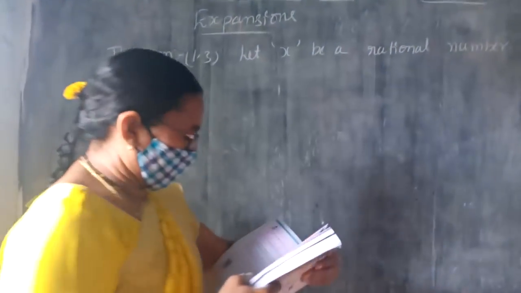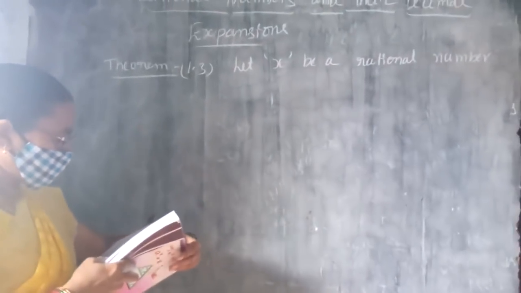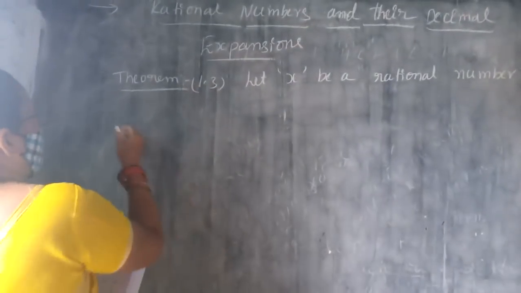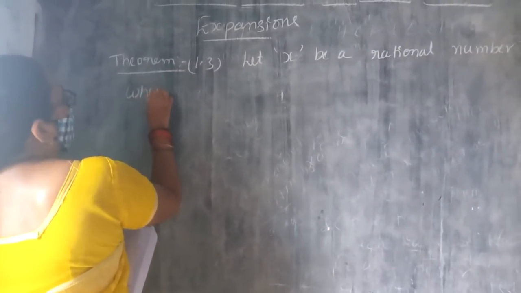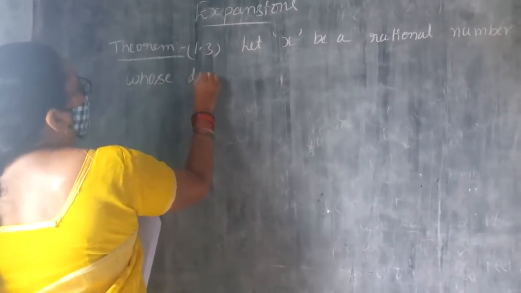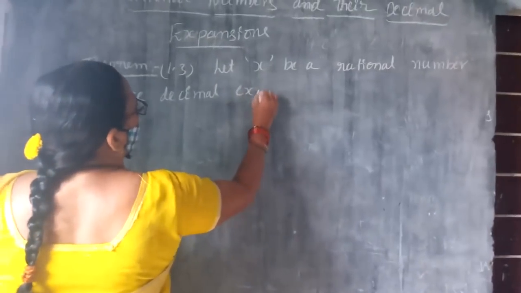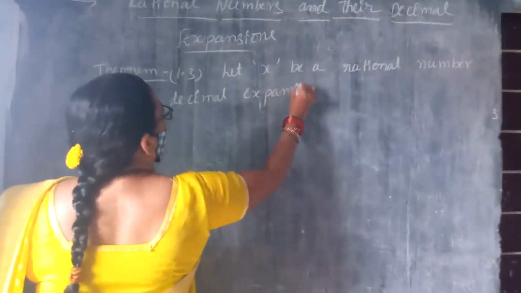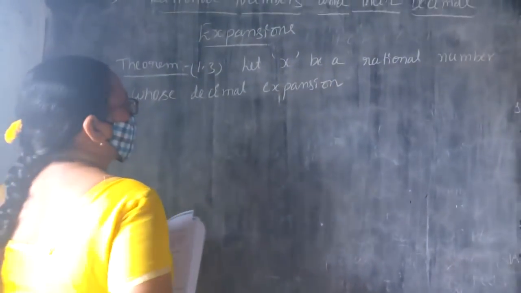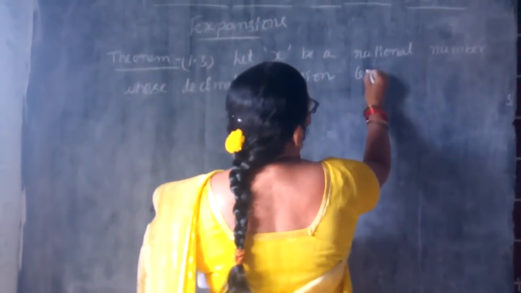Let x be a rational number whose decimal expansion terminates.